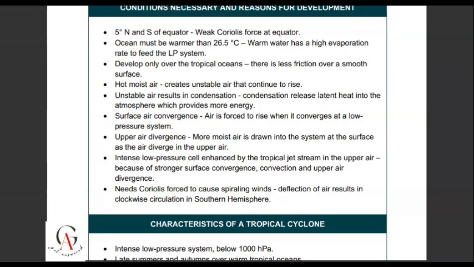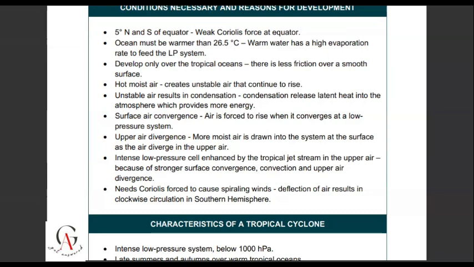Then also they need a warm surface temperature, a warm ocean temperature. That is why the tropical cyclones typically happen over the Indian Ocean in the Southern African subcontinent. Because the Indian Ocean, remember, it has a warm ocean, and it has favorable temperatures for the development of the weather systems.